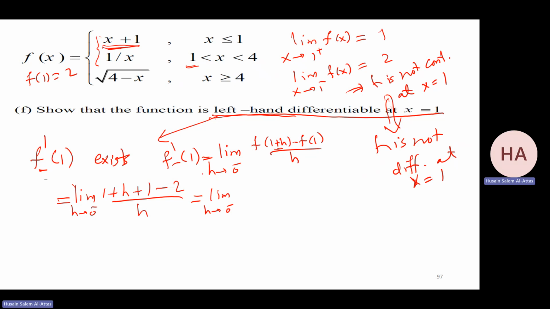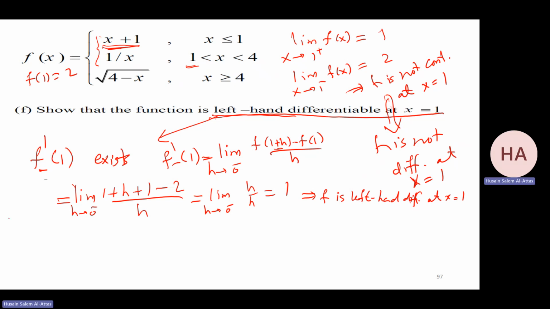It will be 2 minus 2, 0, h over h. So the limit exists. So f is left-hand differentiable at x equal 1.